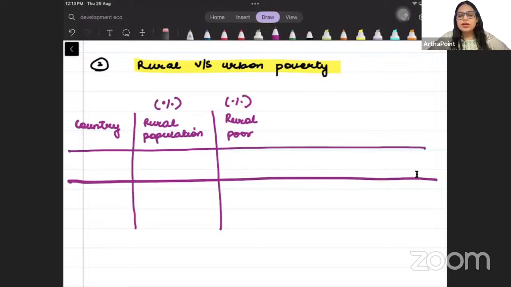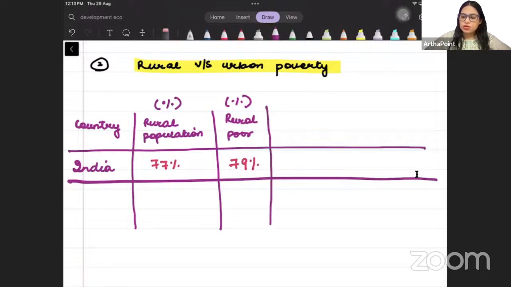In India, out of the total population, 77% is in the rural area. That's the rural population. Among the rural population, 79% is rural poor.